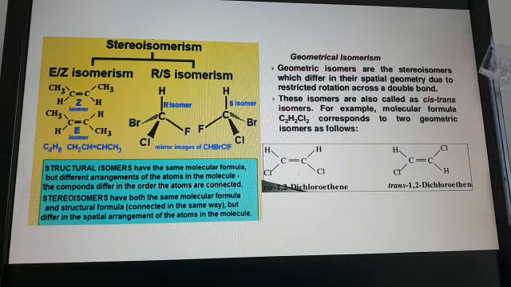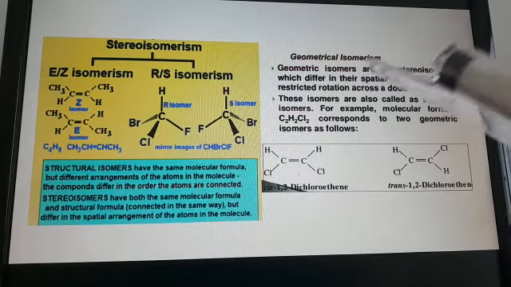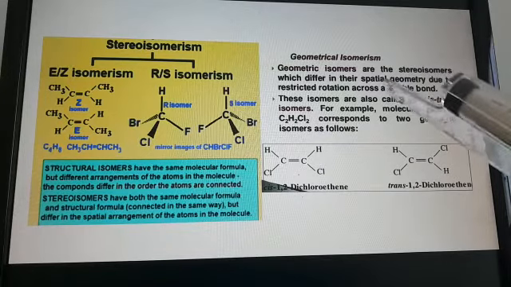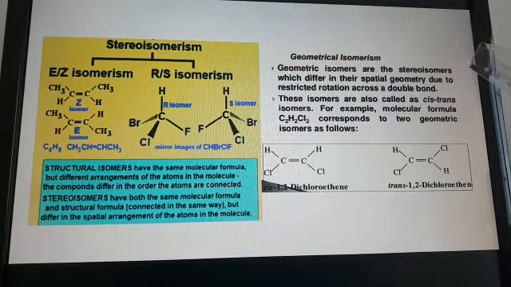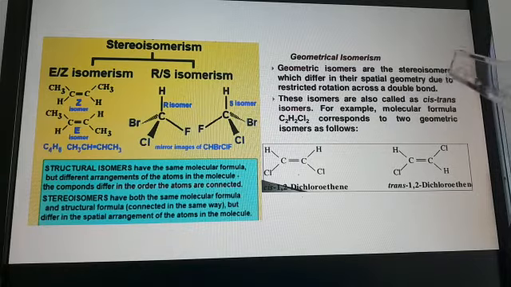There are two types of stereoisomerism, geometric and optical isomerism. Geometric isomers are stereoisomers which differ in their spatial geometry due to restricted rotation across the double bond. These isomers are also called cis-trans isomers.